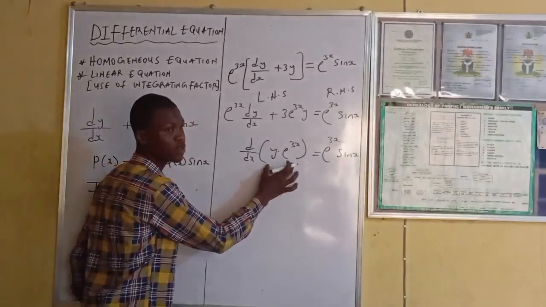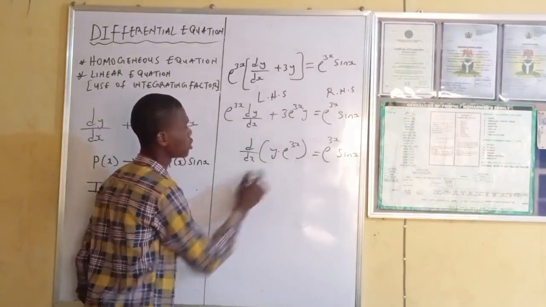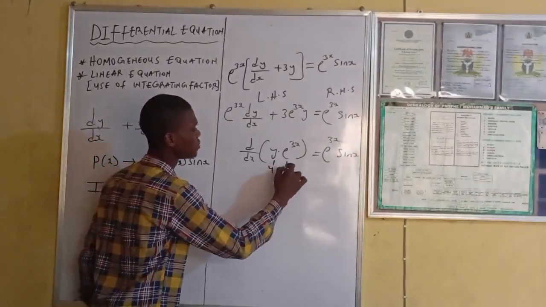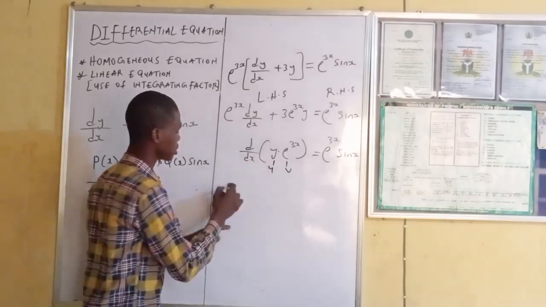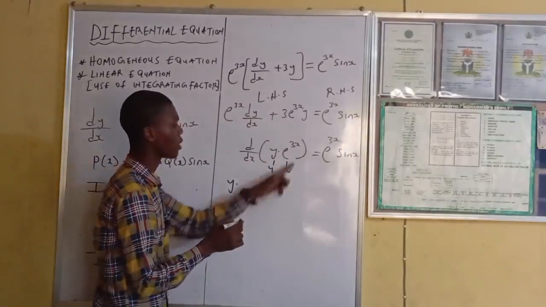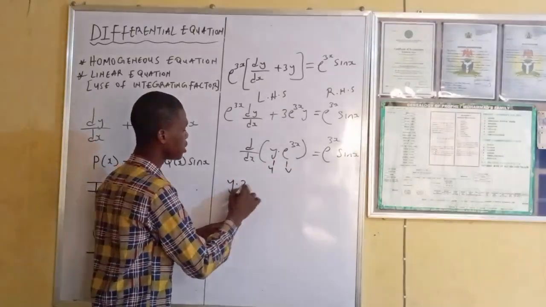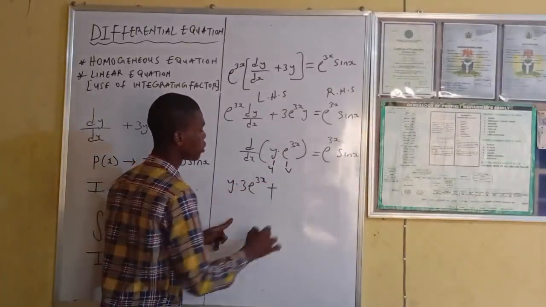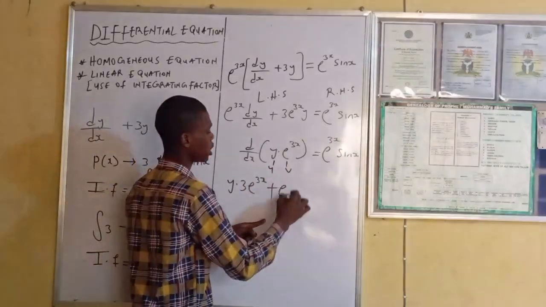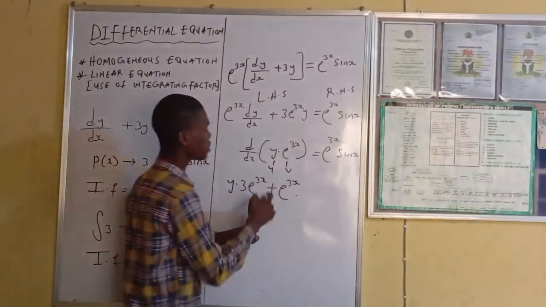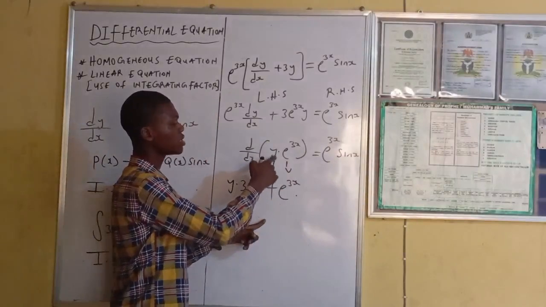Let's solve the derivative of this using the product rule. From here, this is u, this is v. Taking v as constant, that's y, multiplied by the derivative of exponential 3x, plus taking exponential 3x as constant, exponential 3x multiplied by the derivative of y.